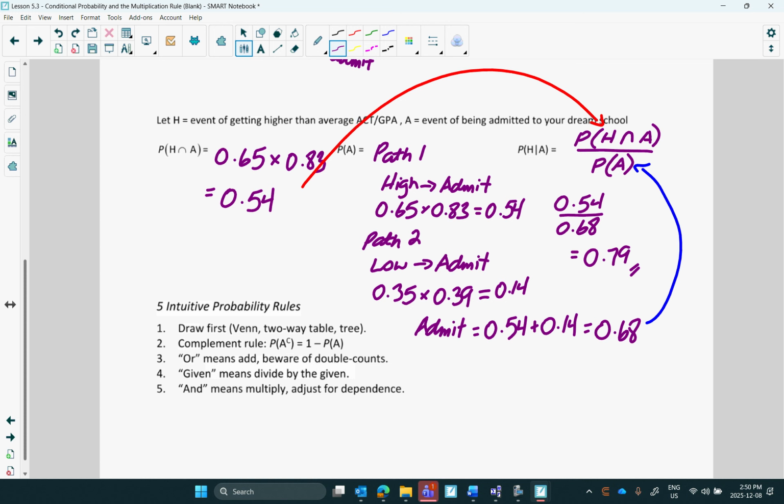Remember your complement rule. Remember that OR means add, given means divide, and AND means multiply. Okay, those are the general rules that you've got to think about when you tackle probability, because like I said, there's all sorts of probability questions you can be asked.